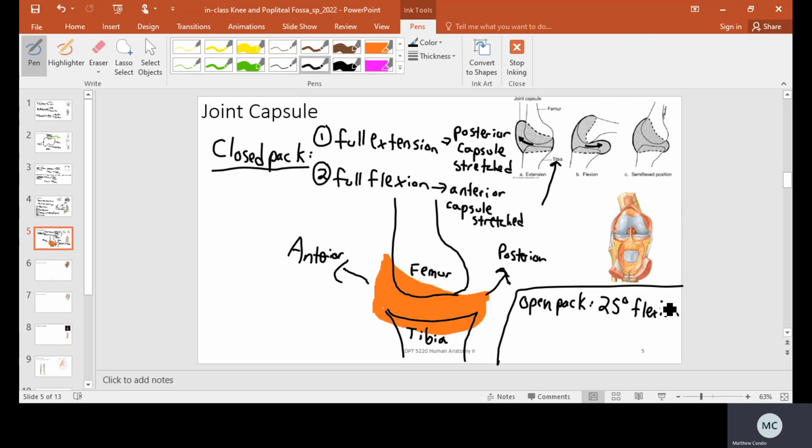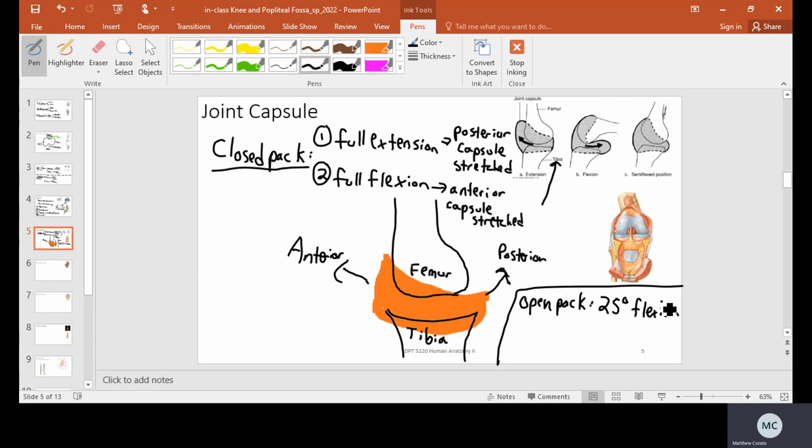So this is why, for those of you who had your ACL tested, athletic trainer, physician, PT, whoever it was, grabbed your tibia and yanked it forward. If there's a ton of motion there, that means the ACL has been compromised, either partially or totally. If there's really no motion there, or very little motion, or the motion's equal, uninvolved side versus involved side, ACL is okay.